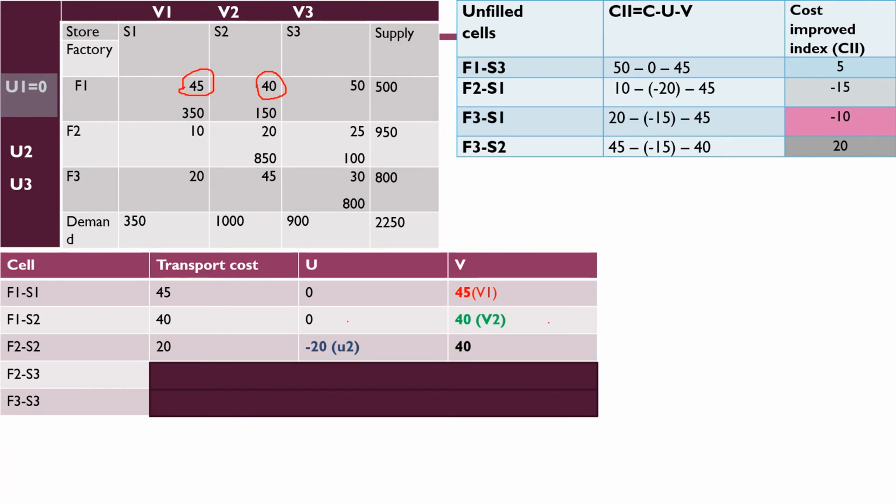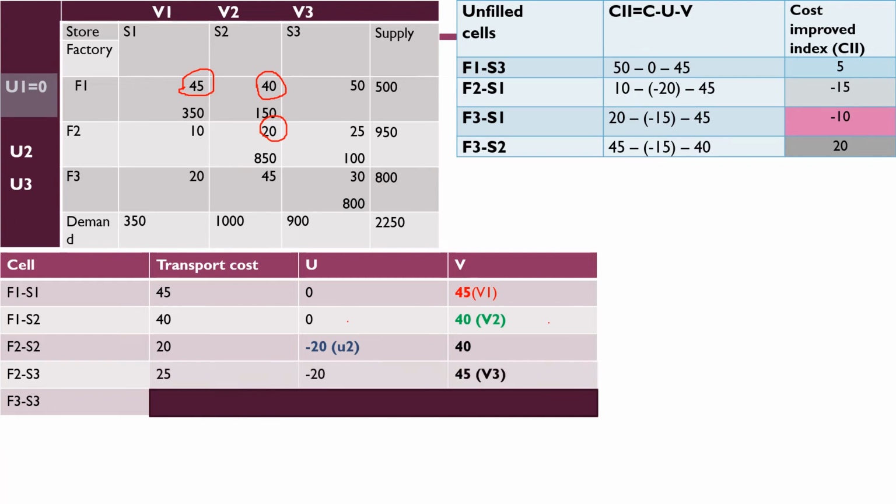And in the third one, when the V value is 40, then what will be this U value? If this value is 40, then how to arrive at 20? Which means we have to deduct 20 to arrive at 20. From the 40, we are going to deduct 20. Then, in the next one, we are going to find the transportation cost, that is 25.